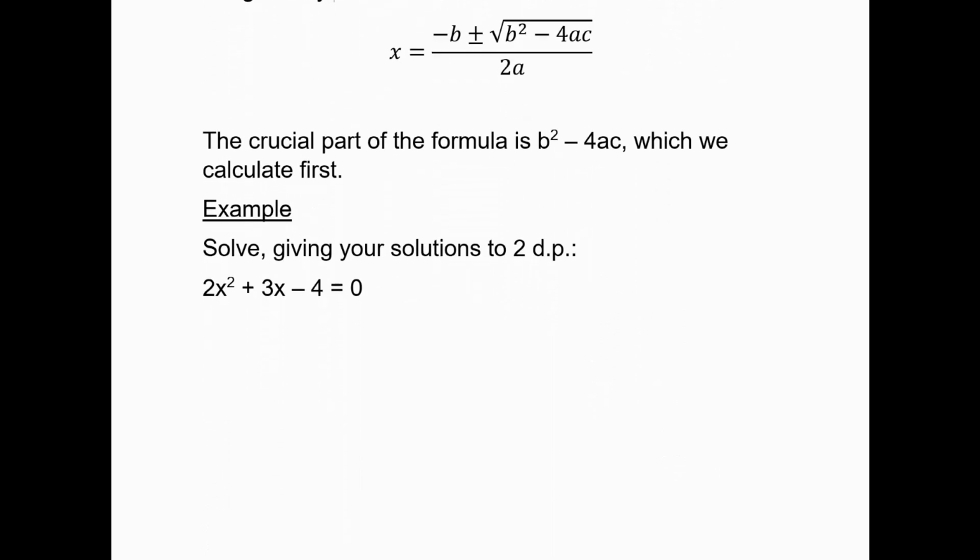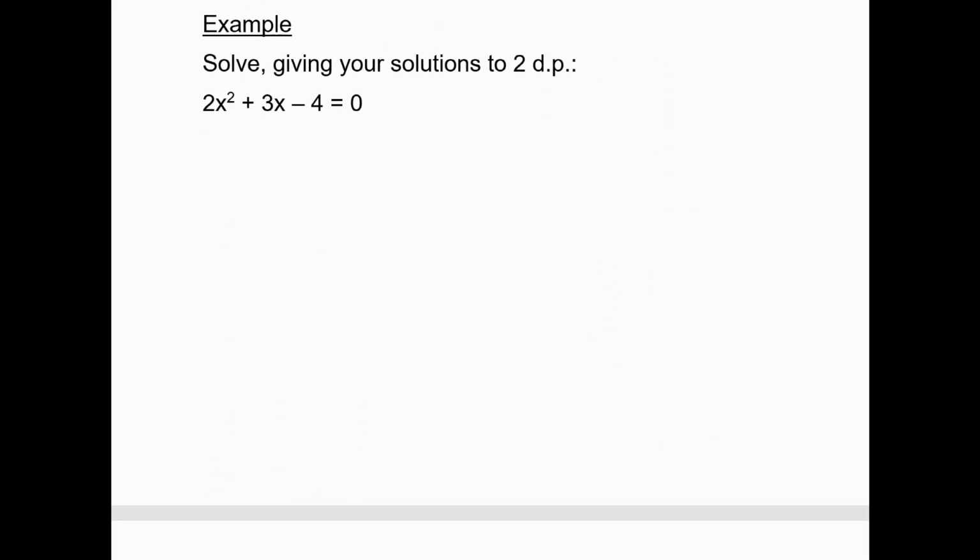Here is an example of how we would use the quadratic formula. The first step is to identify what a, b, and c actually are. Every quadratic has the form ax squared plus bx plus c equals 0. We can see that the question has 2x squared plus 3x minus 4 equals 0.